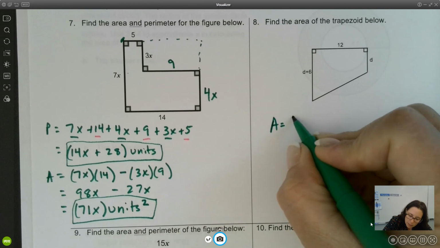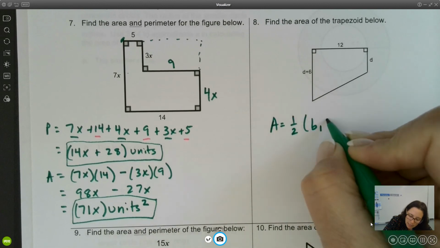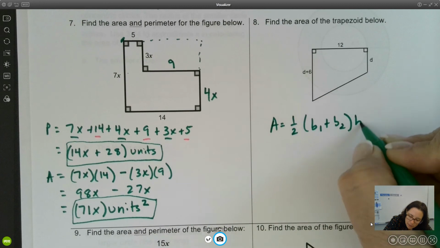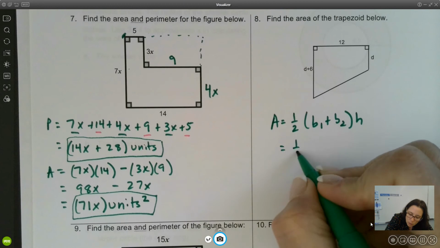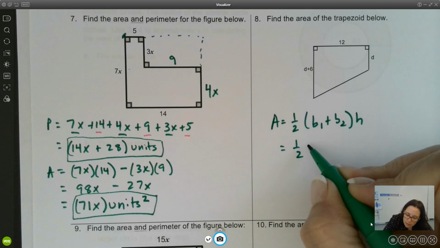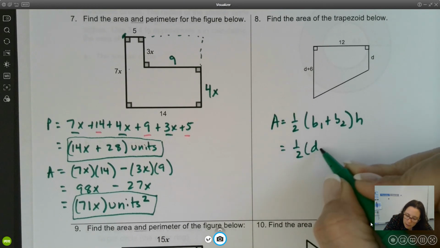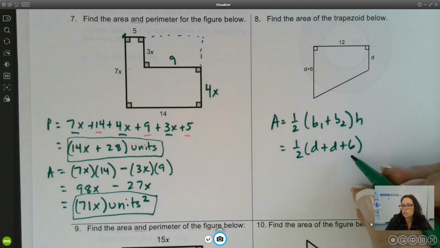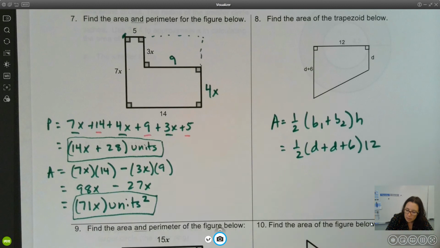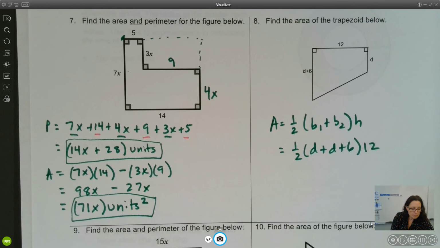So to recall my formula, 1/2, add the bases together, times the height. So let me plug in what should be plugged in. So base 1 and base 2, it doesn't matter which one's 1 and which one's 2. So there's my formula.